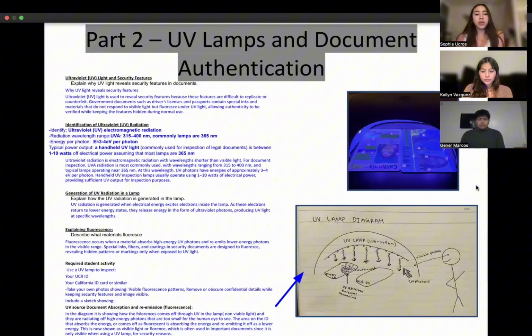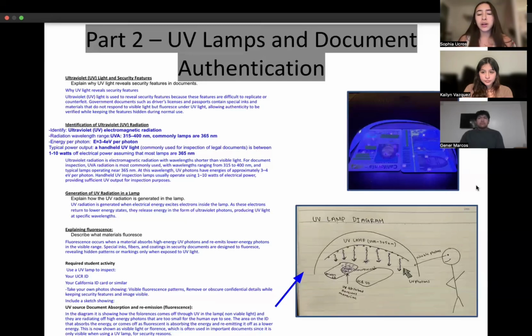Fluorescence is what occurs when a material absorbs high energy UV photons and re-emits lower energy photons in a range that is visible to the human eye. Special inks, fibers or coatings in special documents are designed for fluorescence to be revealed, showing hidden patterns or markings only when exposed to UV light.